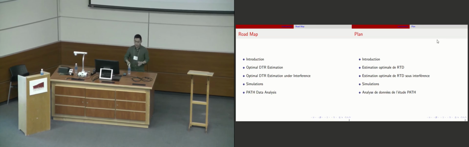Then we will explore how to integrate interference into that method. Finally, I will show some simulation studies and some results from a real-world application using the Population Assessment of Tobacco and Health, the PATH study.